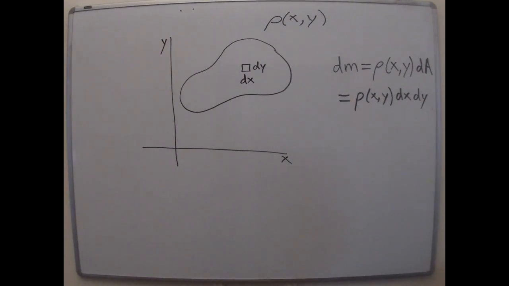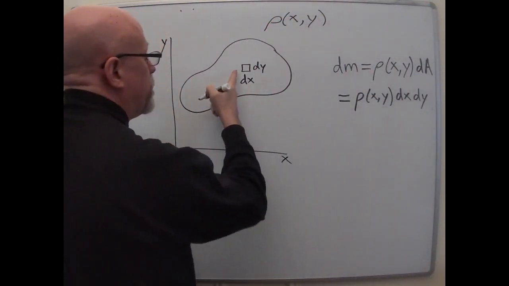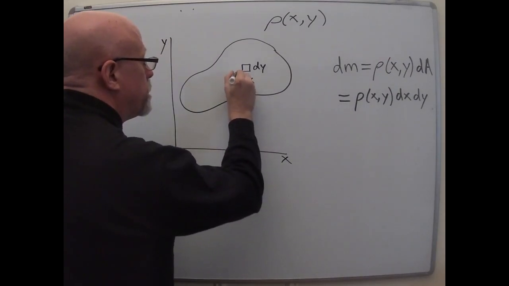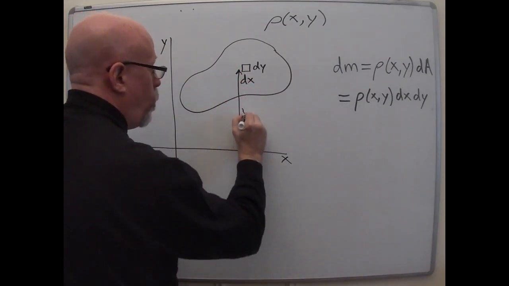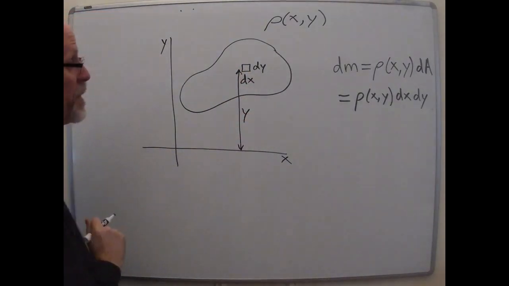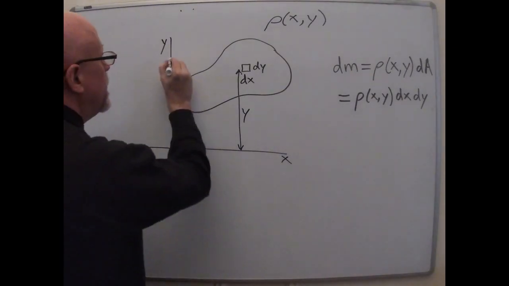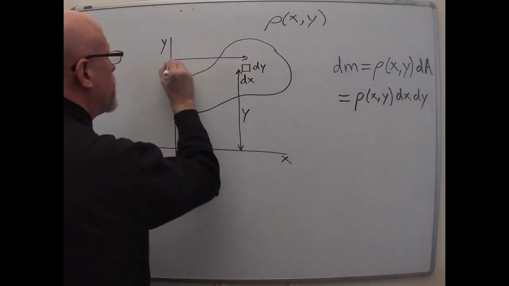What about our moments? Well, the big deal now is that we have two of them. We have a moment in the y direction, which is how far that piece of differential mass is away from the x-axis. That's the y-coordinate of the point, right? And how far that thing is away from the y-axis, that's the x-coordinate of the point.